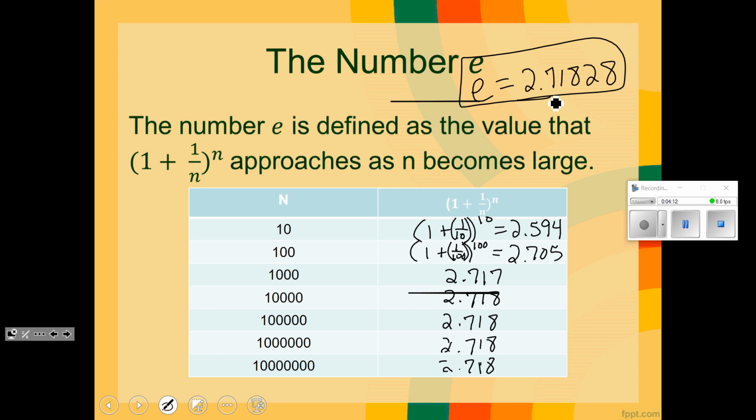Now instead of plugging in 2.71828 every single time, we just plug in the variable e. Does that make sense? e is used in a lot of different formulas, and compound interest is one of them.